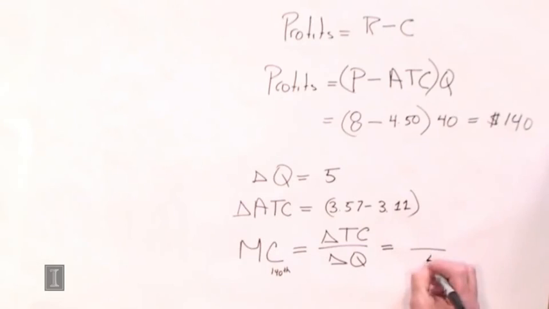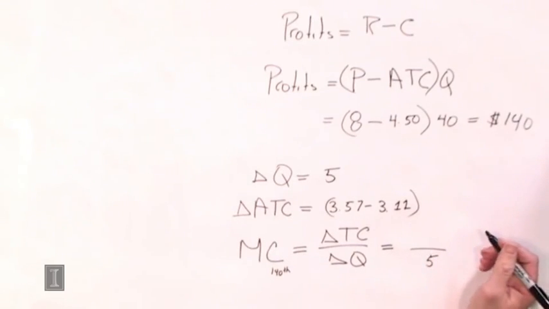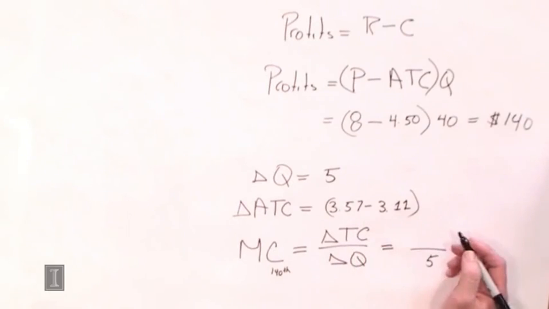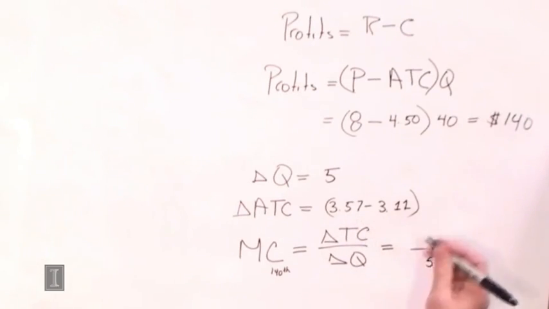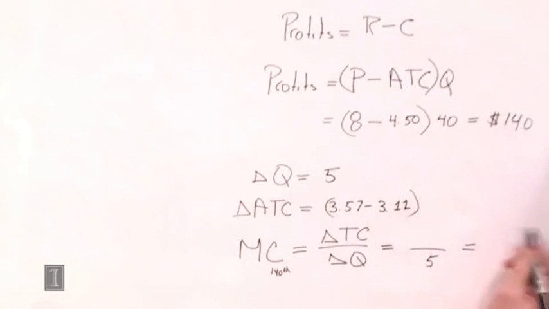So the bottom will be that 5 units, which is the additional units that the 5th worker brings. And on the top will be the additional cost, which will be the 357 minus 311. All right? So that turns out to be $16. So when you actually hire another worker, the 140th unit increases your cost by $16.